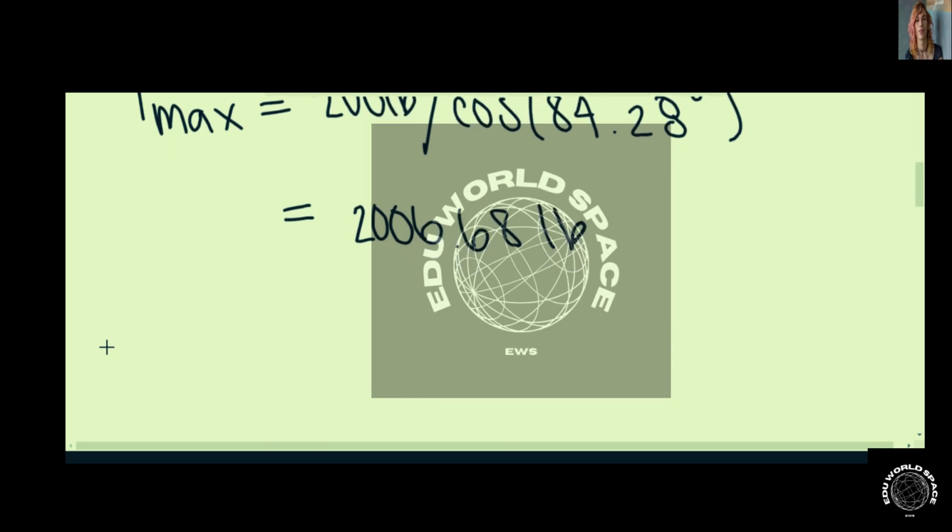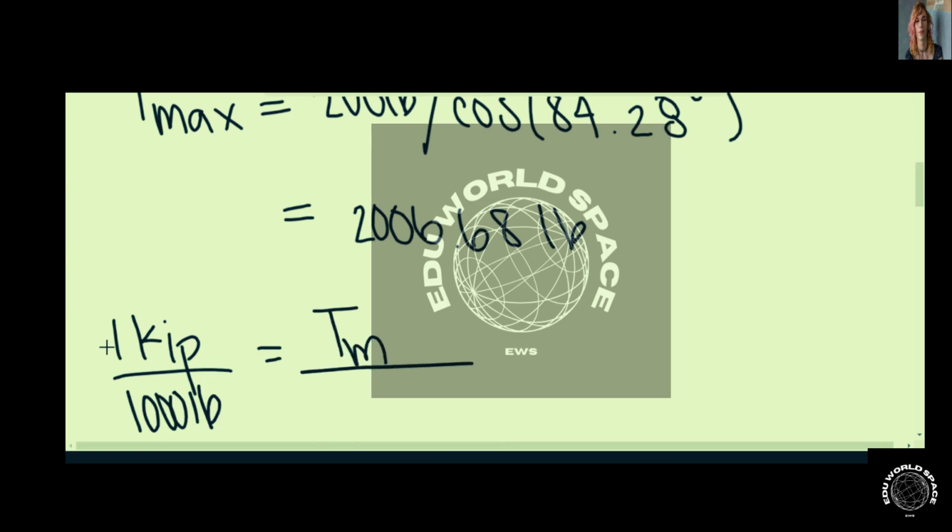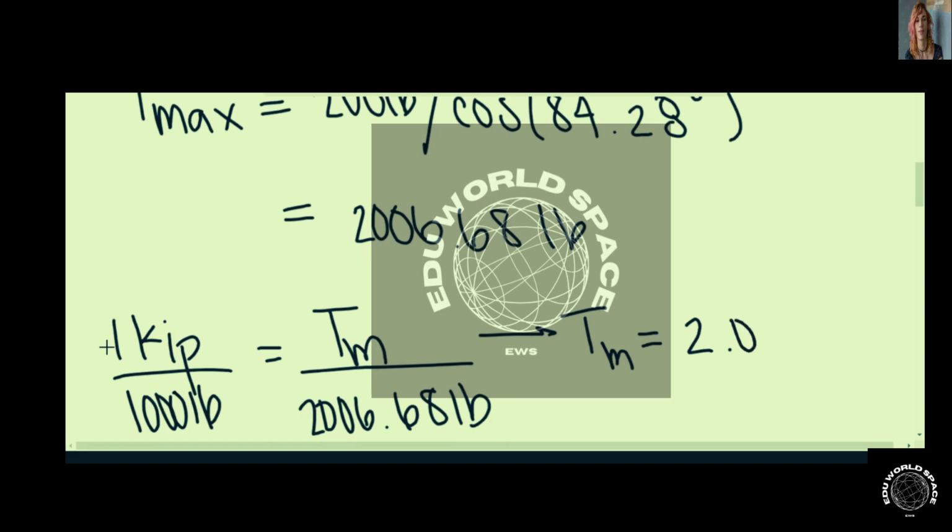And if you want to solve for kips, remember that 1 kip is equivalent to 1,000 pounds. And we're going to say that that equals Tmax over the weight that we just solved for, 2,006.68 pounds, giving us a maximum tension in kips to be 2.01. So depending on the answer in the back of your book, your maximum tension might be in pounds or it might be in kips.